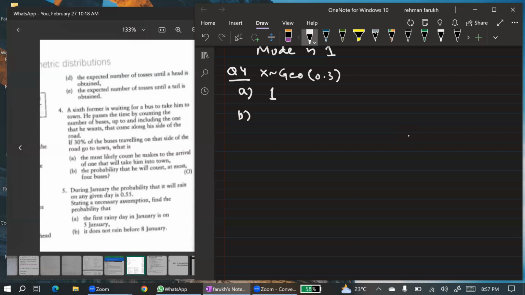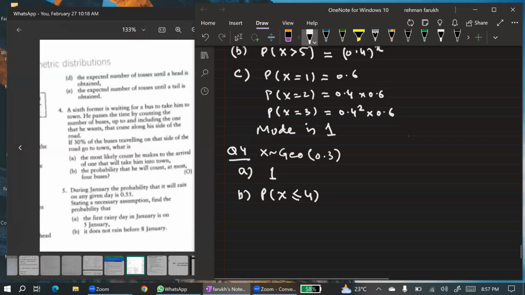The probability that he will count at most 4 buses. At most 4 means probability of x is greater than or equal to 4, or less than 4? Less than equal to 4. At most 4: is 4 included or not? Yes, it is. Less than 5 or less than equal to 4 is the same thing.